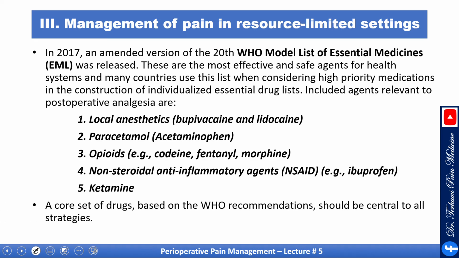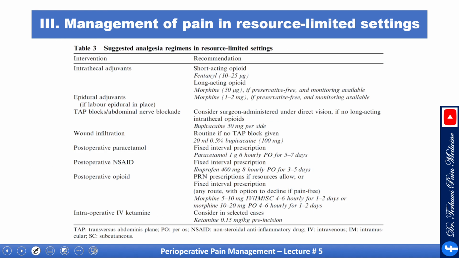These are the core drugs that are usually available and usually used. Now, this is a summary table that summarizes some recommendations for different medications and modalities used in a resource-limited setting.